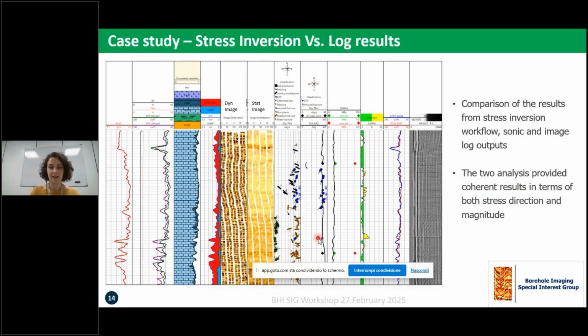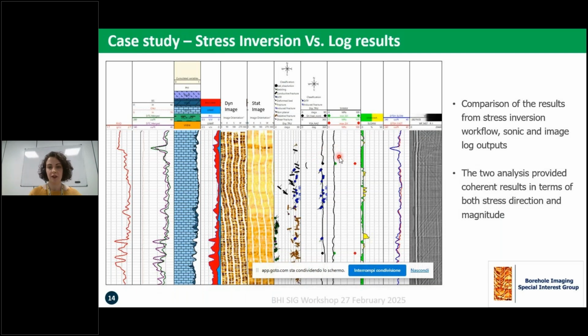In particular, in this track, in black line, we plotted the fast shear azimuth, and the black dots are the information on the maximum horizontal stress from the stress inversion workflow. And as you can see, there is a good match between the two analyses.